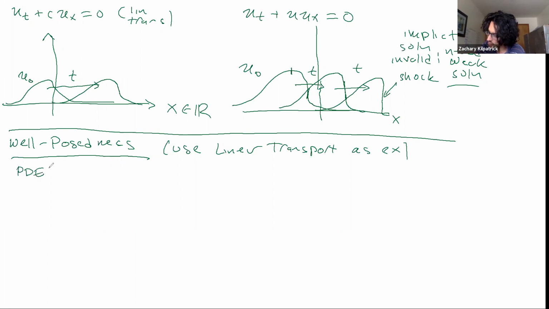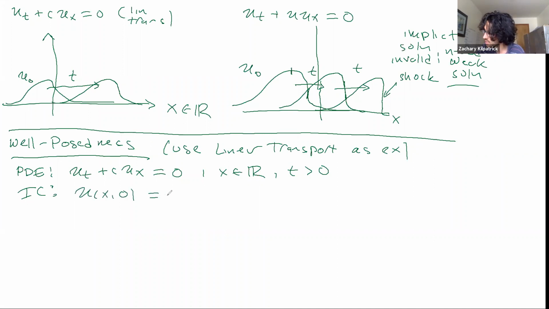So let's say that we have the following PDE. This is our linear transport equation, again defined on the reals for t greater than 0. IC is our initial condition.